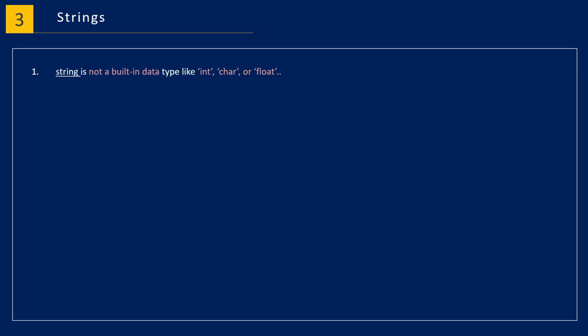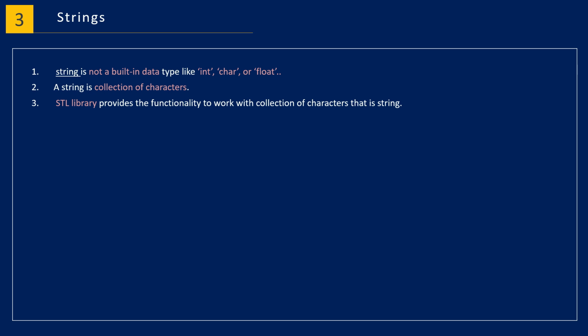But string is not a part of these built-in data types, which is very important. This may be a question asked in the exam, so make sure string is not a built-in data type. It's a collection of characters. So the STL library provides the functionality to work with this collection of characters, which is called string.